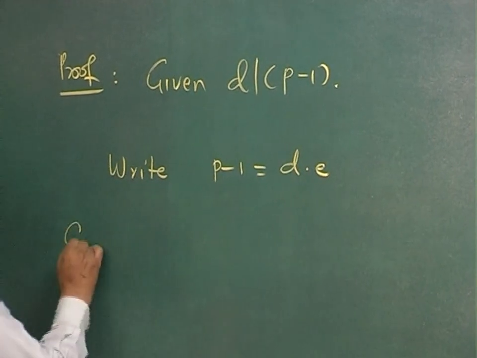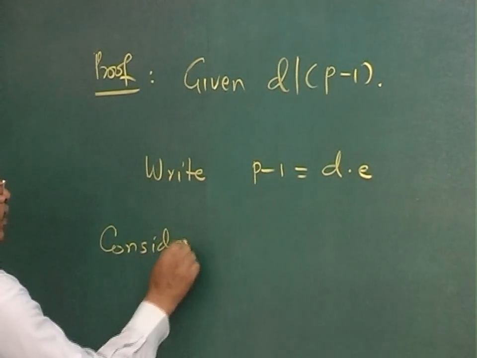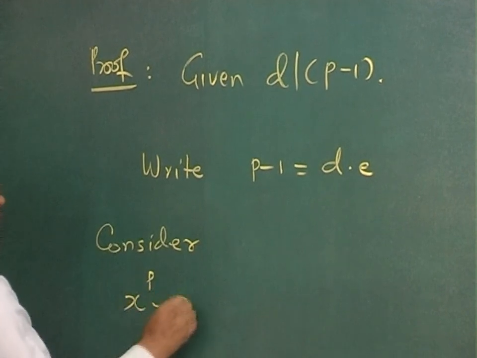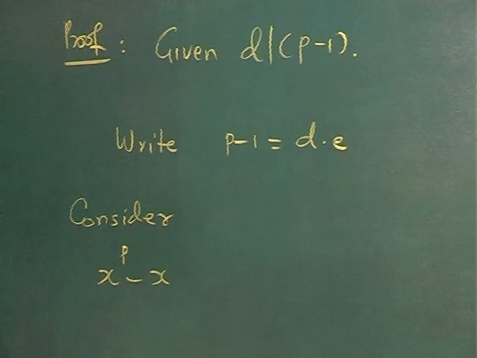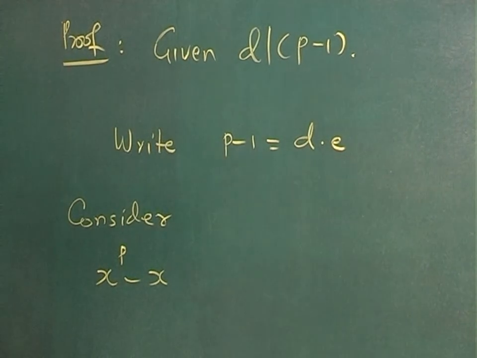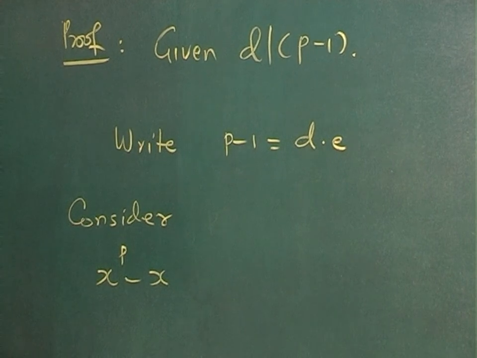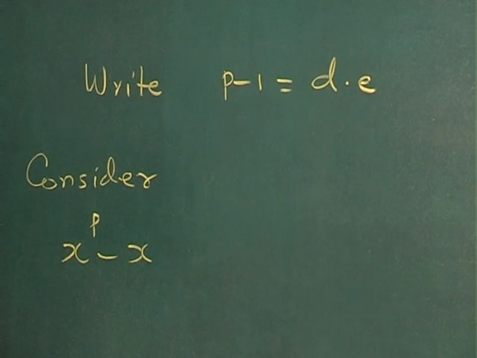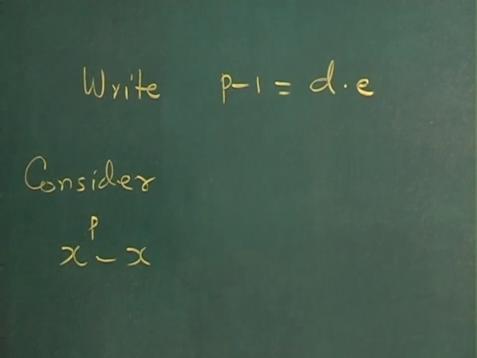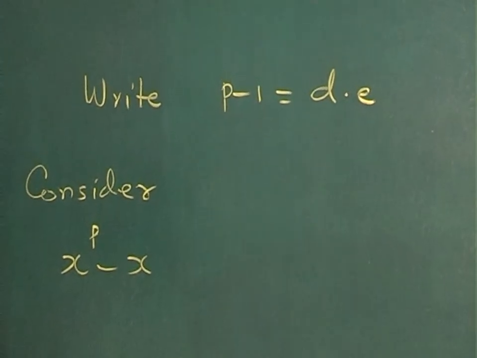Now consider x raised to p minus x. We want exactly d solutions for x raised to d minus 1 congruent to 0 mod p. So when does that happen? x raised to d congruent to 1 means x raised to d minus 1 congruent to 0 mod p.